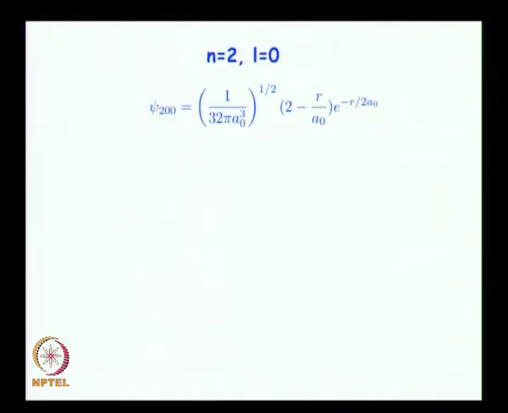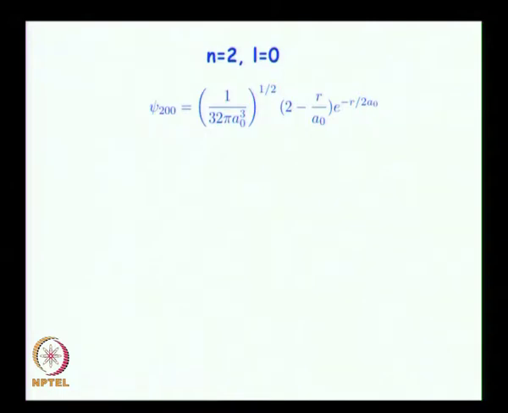But what is most interesting is that you find the function y00, and what is that? It is 1 by square root of 4 pi, and this immediately tells you that this function has no direction dependence. So, this function also is going to be spherically symmetric.